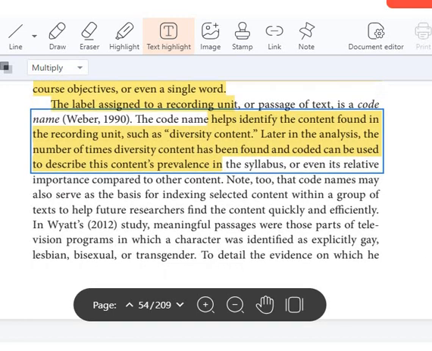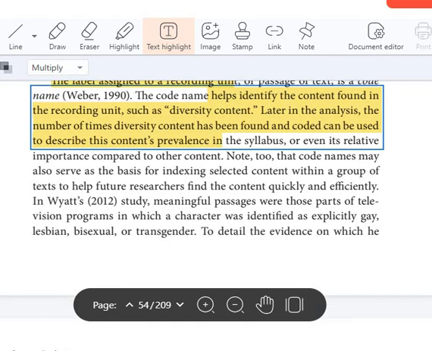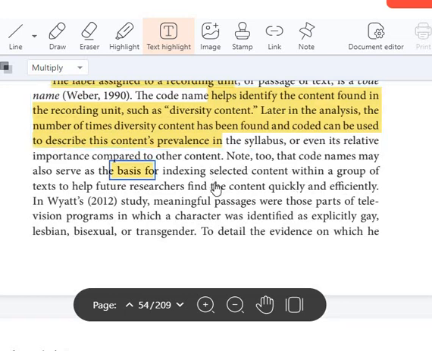In basic content analysis, we are counting the codes. Here, the number of times diversity content has been found in code can be used to describe this content's prevalence in the syllabus, or even its relative importance compared to other content. It is actually the basis for indexing.